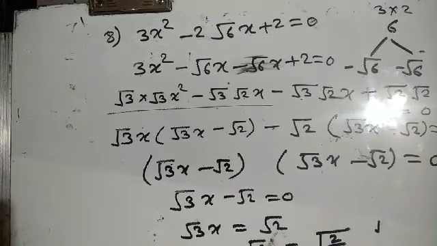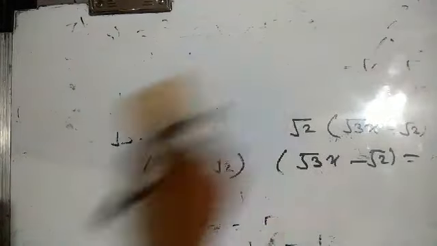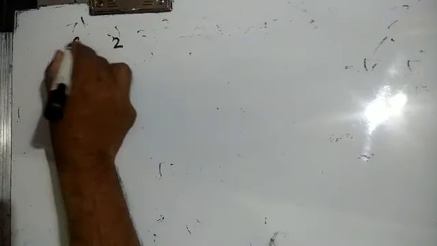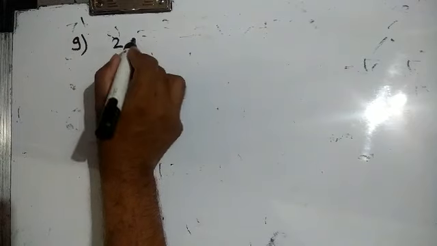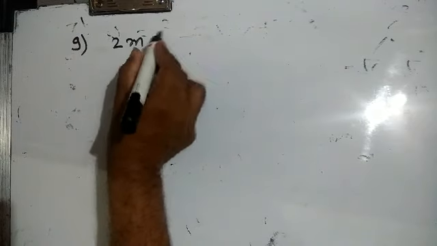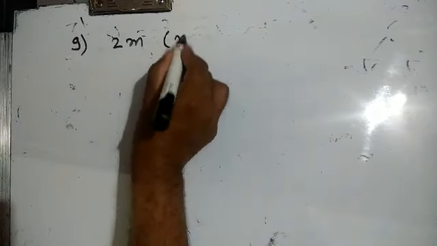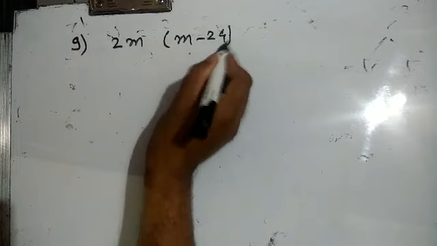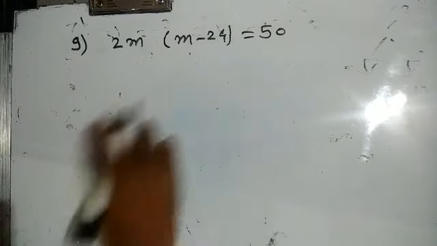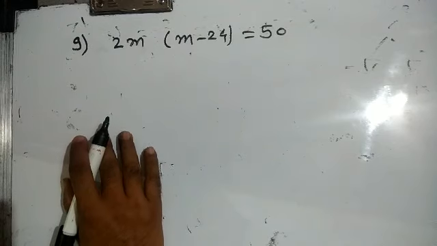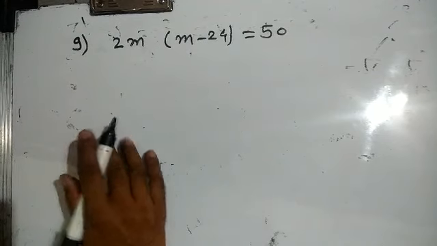Then the 9th problem. In the 9th problem, 2m(m minus 24) is equal to 50. This is also a very simple problem.